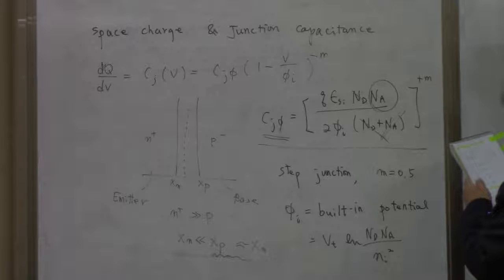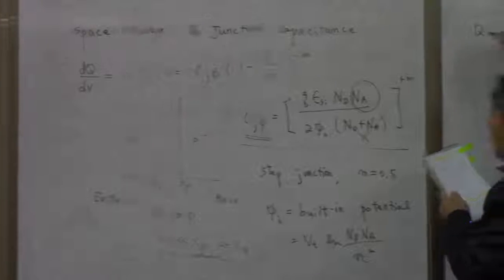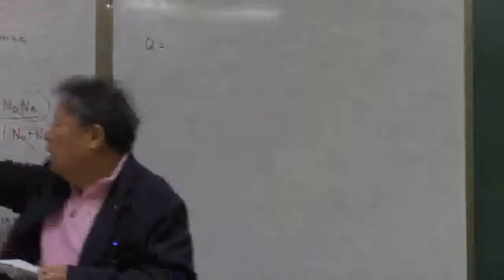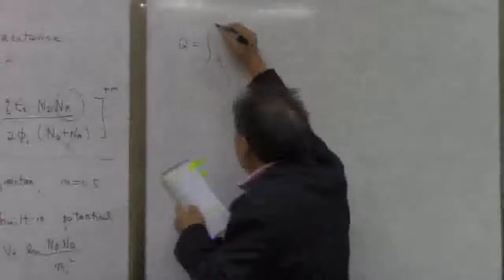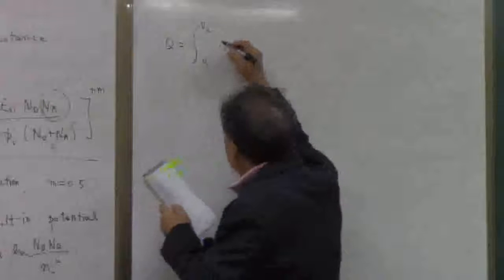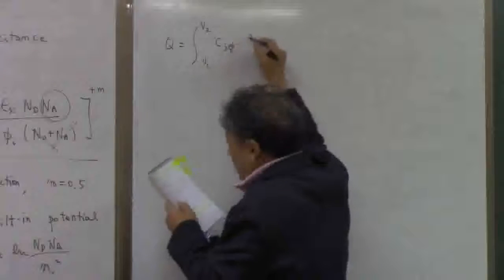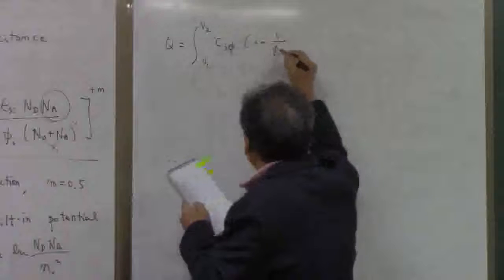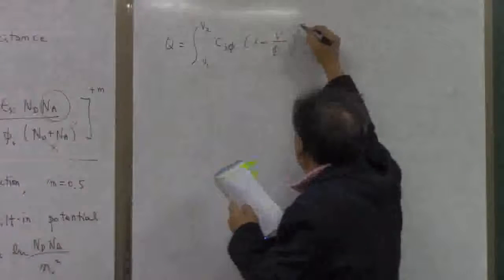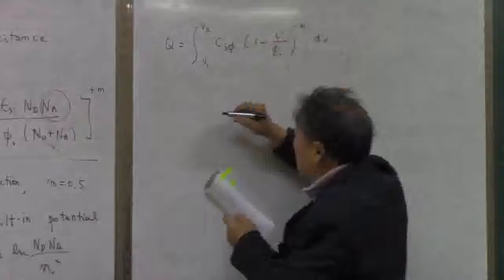Now, the charge can be obtained by integration of C J phi, between two voltages, V1 and V2, with 1 minus V over phi I to the minus m dV, of course.